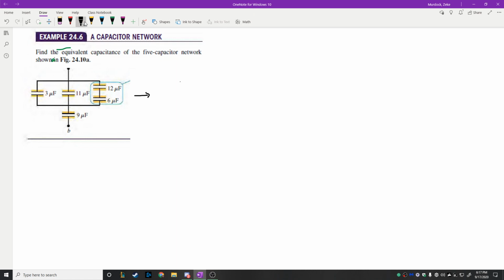We'll leave everything the same other than those 2. We've still got our 3 microfarad right here, the 11 microfarad right here, and we're now going to replace these 2 with one new one. And out here we've still got the 9 microfarads too. So we've got 9, 11, 3.